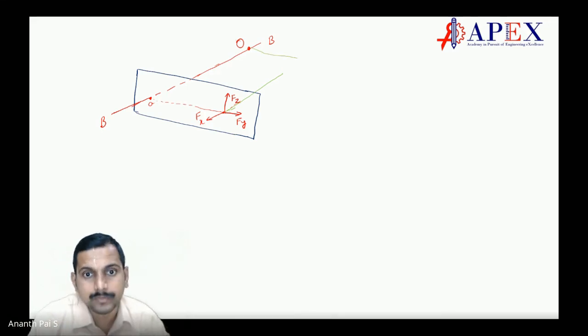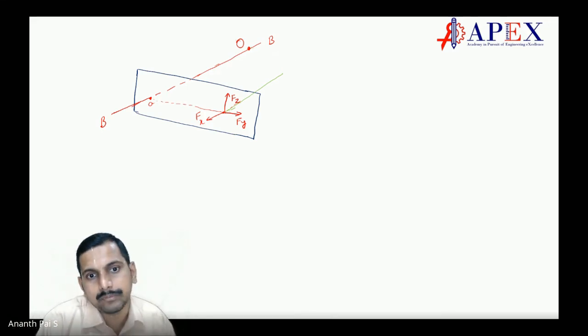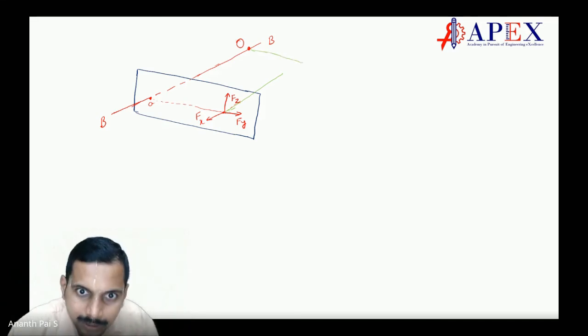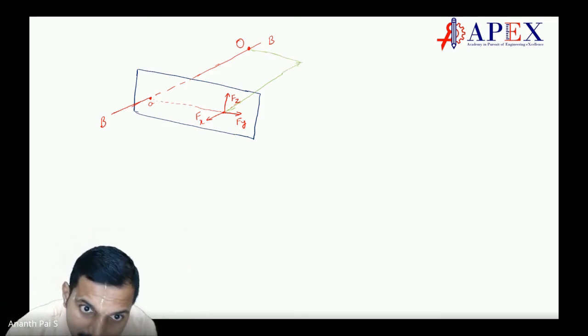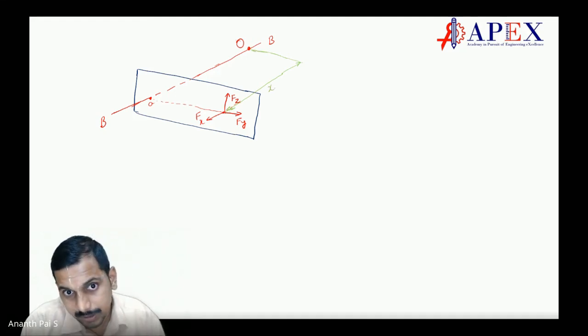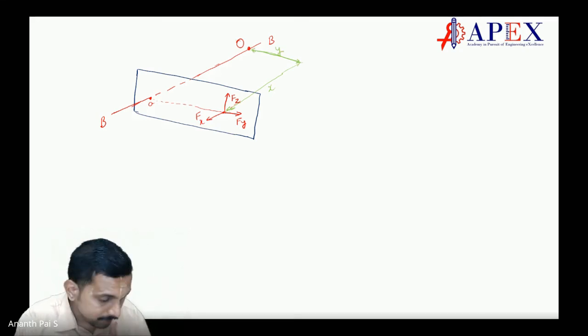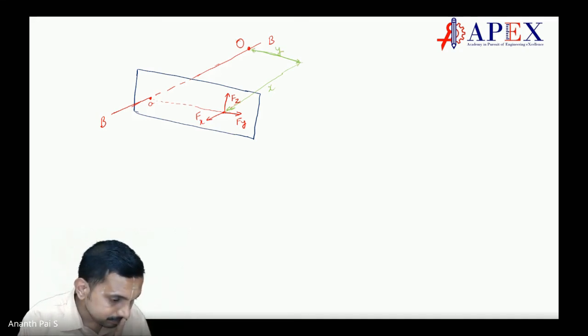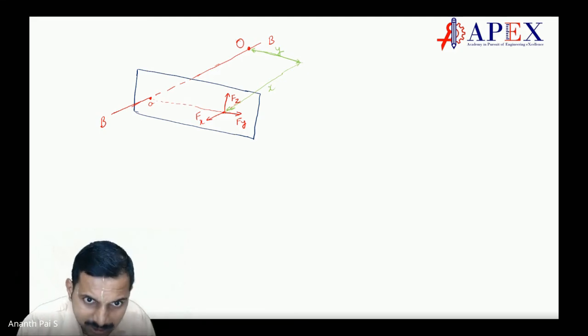Let me write it a bit neatly. Here, this distance, let us call it x. This distance, let us call it y. Then a bit of distance we will go on the z also.